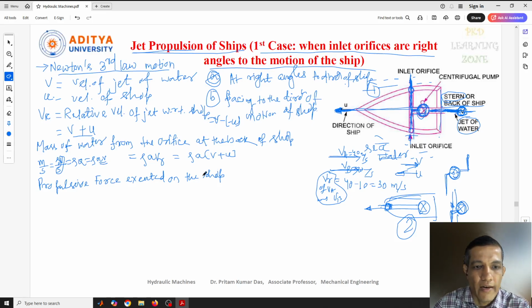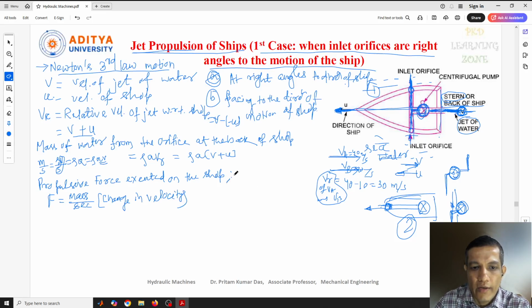We can write it this way: F, the propulsive force, equals the mass of water issuing per second into the change in velocity. This also we have seen previously, how to calculate.